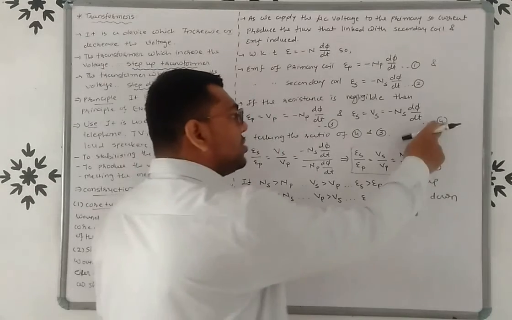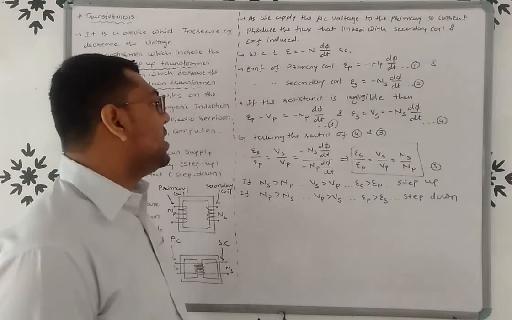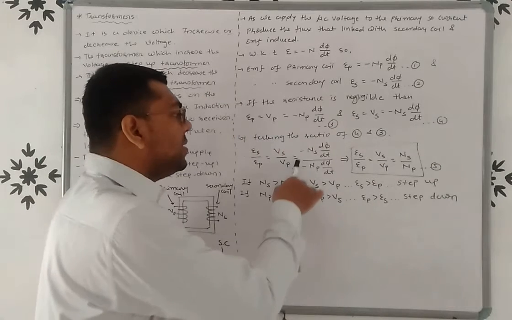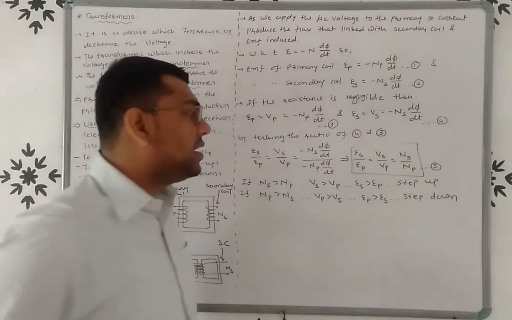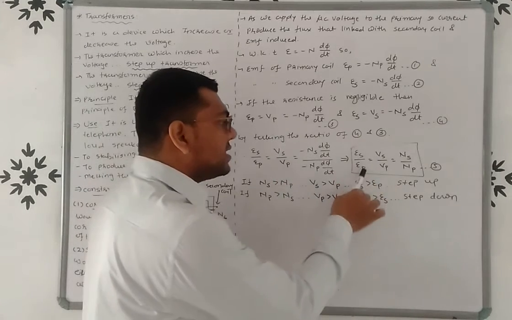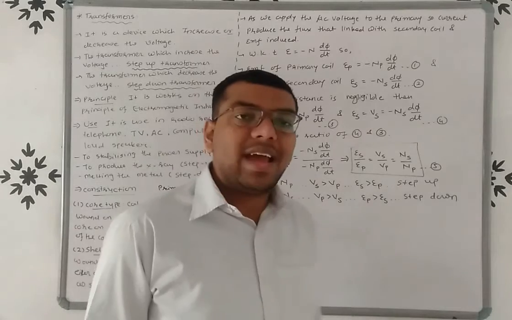So here we take the ratio of equations 4 and 3. So we get ES upon EP equals VS upon VP equals minus NS d phi by dt upon minus NP d phi by dt, so ES upon EP equals VS upon VP equals NS upon NP.